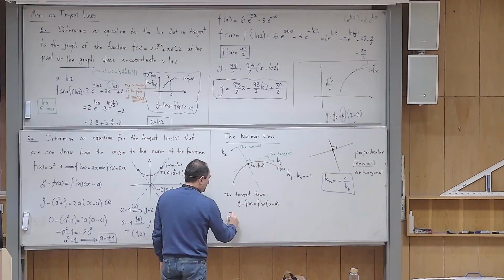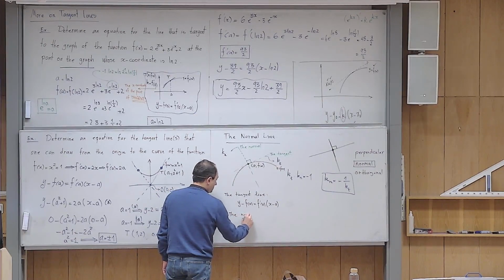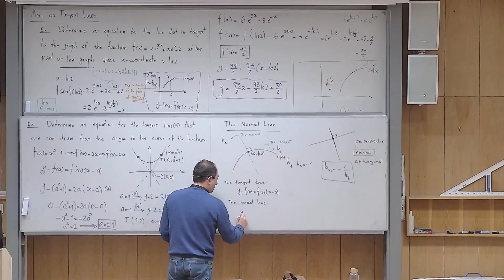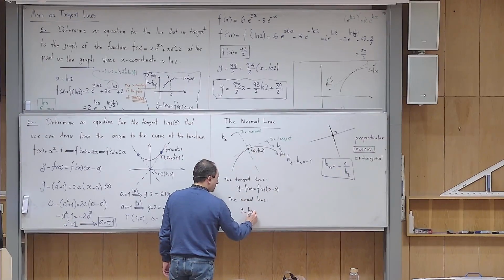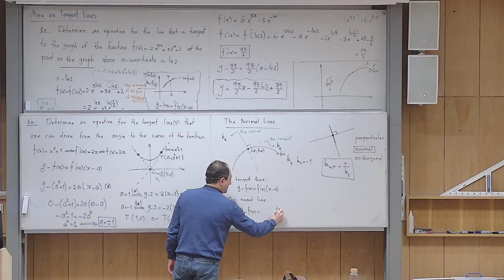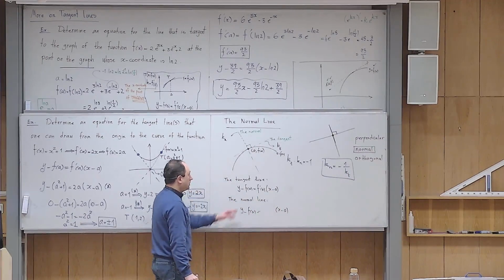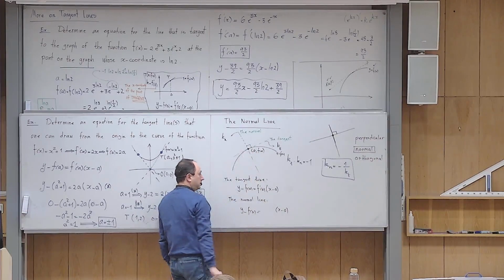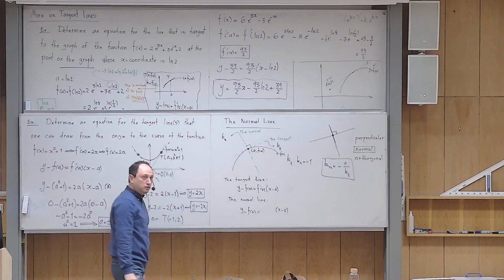But now the normal line is what? It is y minus f of a still. Here, I also have x minus a, because this point is on the normal line as well. But what will happen for the k value?